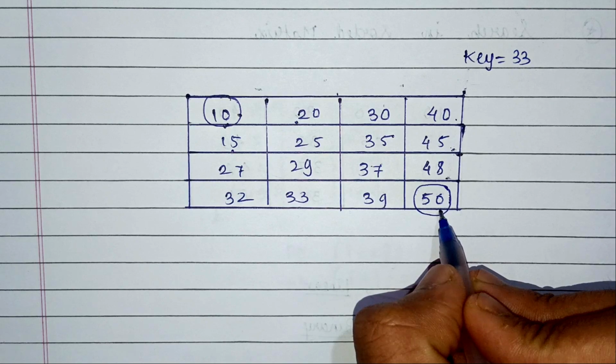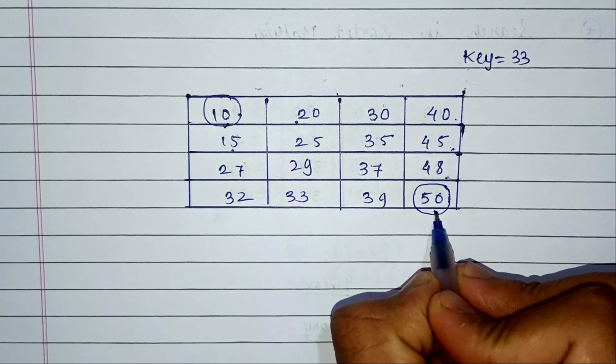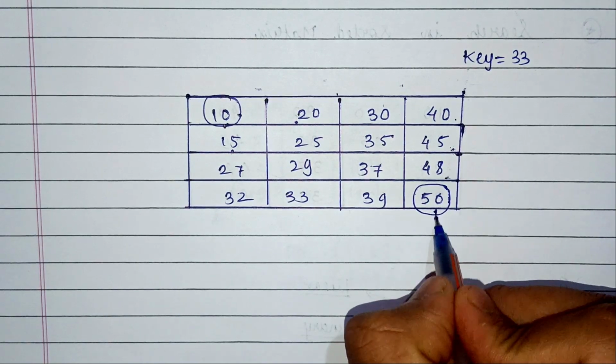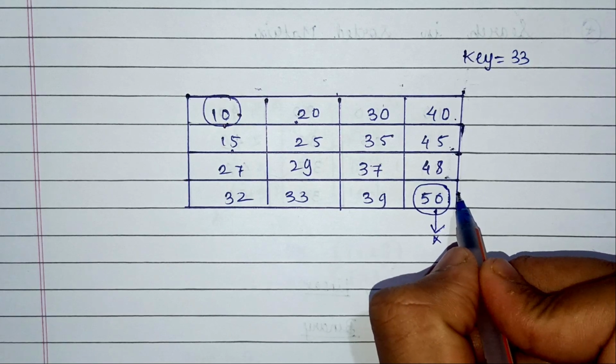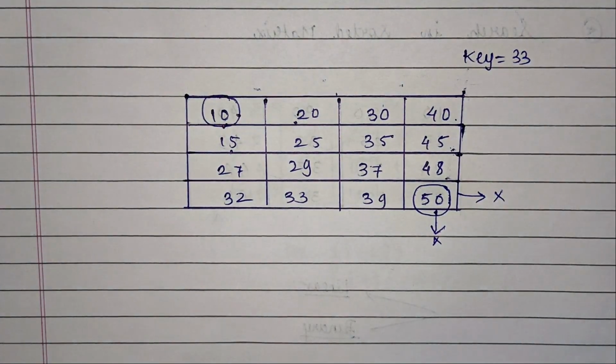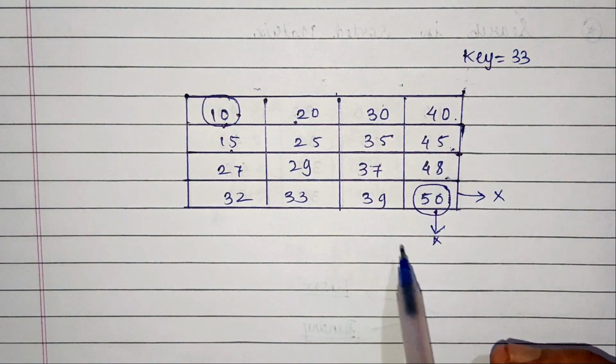If we start from the 50th position, we do not know whether we have to go up or to the left side.